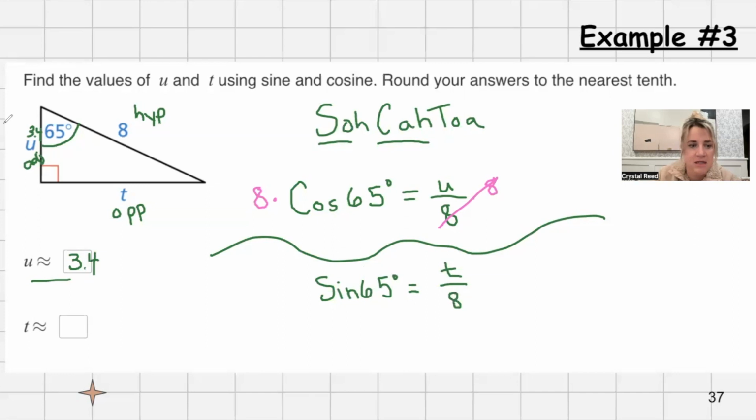We're going to multiply both sides by 8, just like before. So this time, though, we're going to put that in our calculator. 8 times the sine of 65. We get a totally different answer.